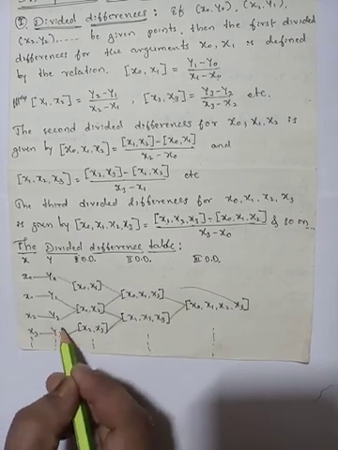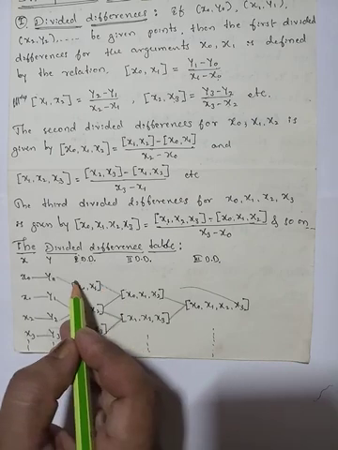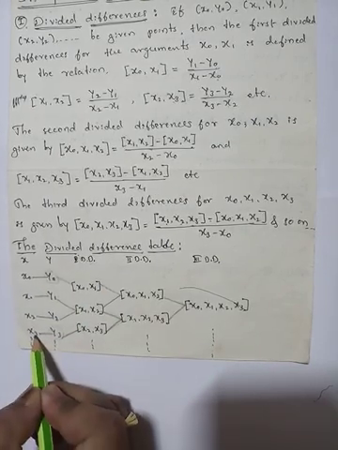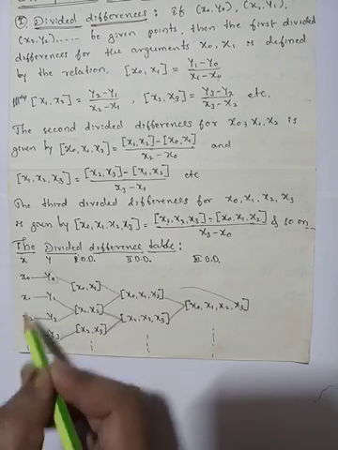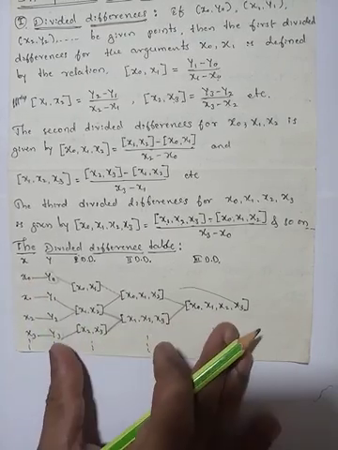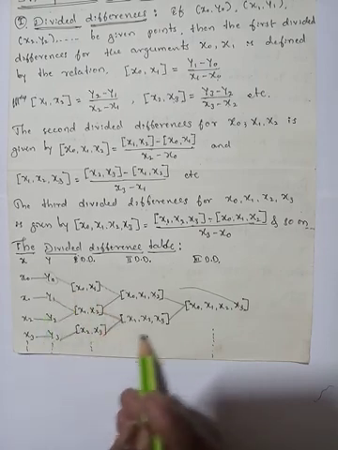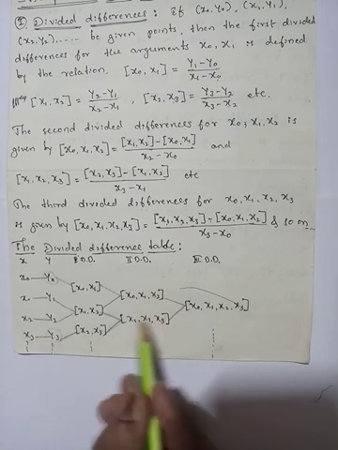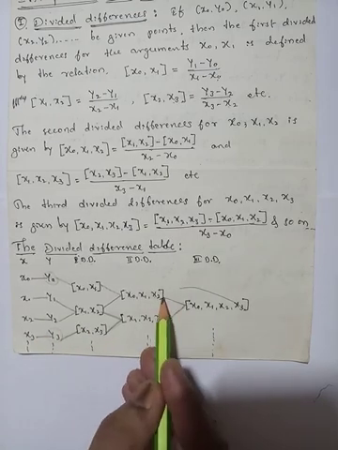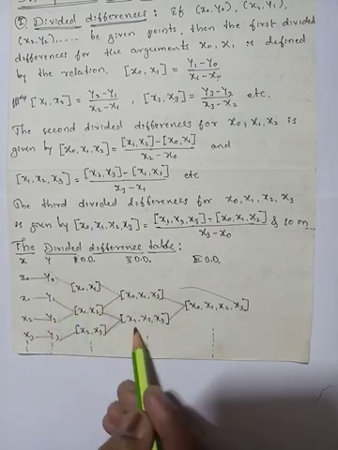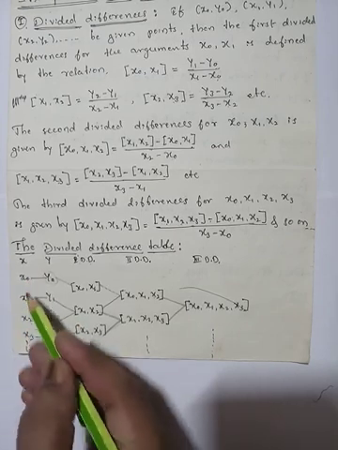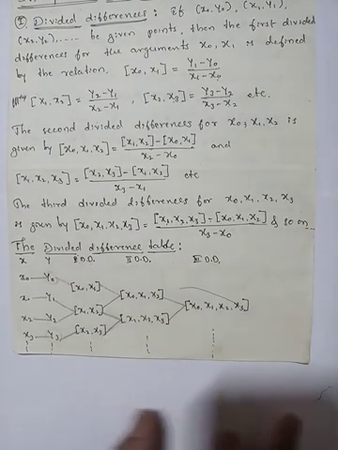The corresponding is y3 here; when you take the cross line it comes to y0, then the corresponding values of x are x3 and x0, so x3 minus x0. So it is better to draw a cross line so that it helps you to consider the differences of values of x. Okay, so this is the divided difference table.